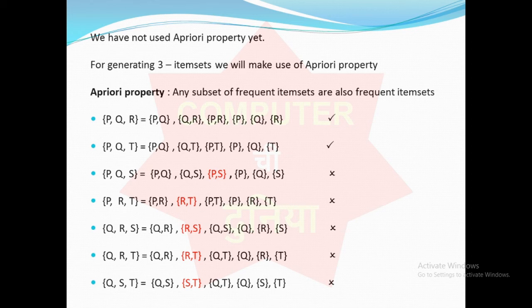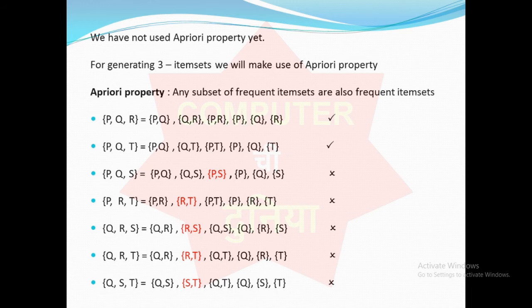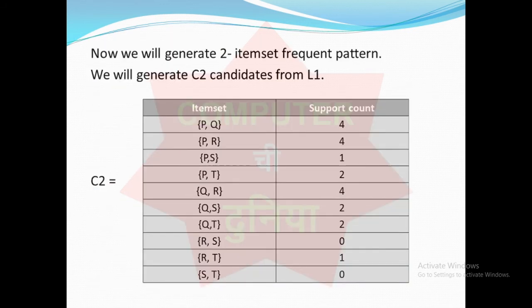Next, PQS. For PQS, the subset PS is not a frequent item set because you can see the support count of PS is 1. Hence, we have rejected it. We have not included PS in the list L2.